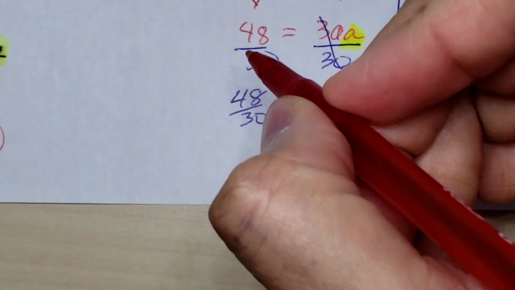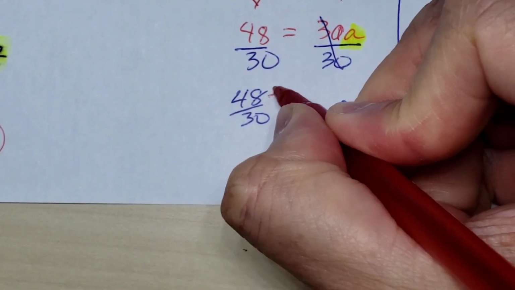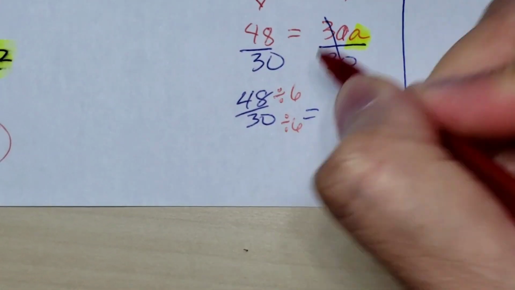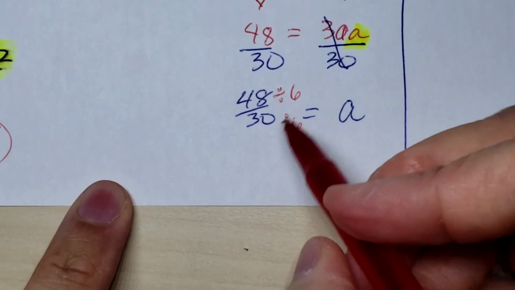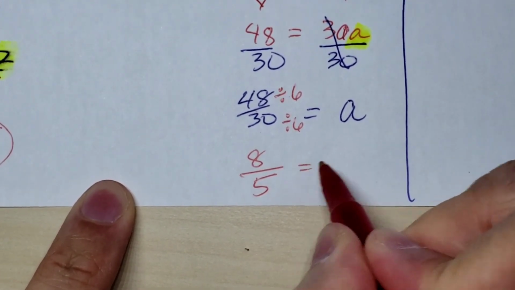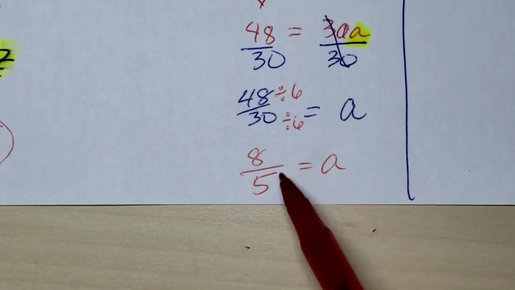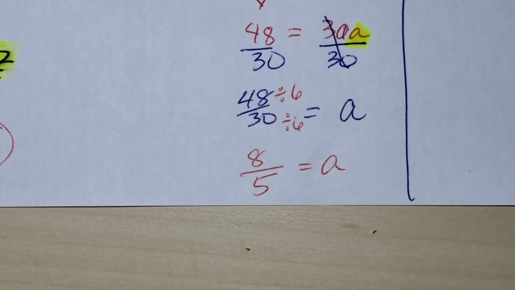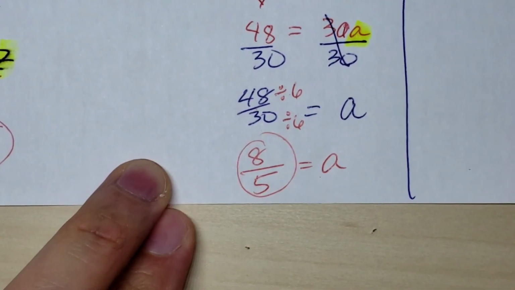If you know your multiplication facts, we know that it's going to be 6. Because we know 30 divided by 6 is 5. 48 divided by 6 will be 8. And that is your A. So 5 times 6 is 30. 8 times 6 is 48. That's why it's 8 over 5.